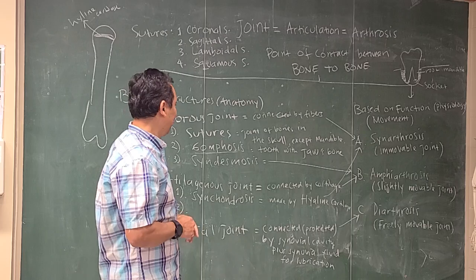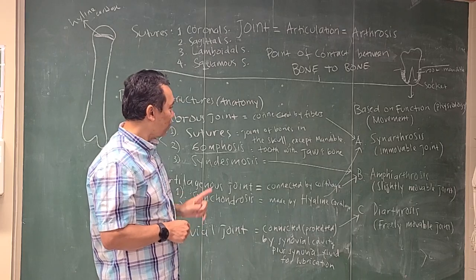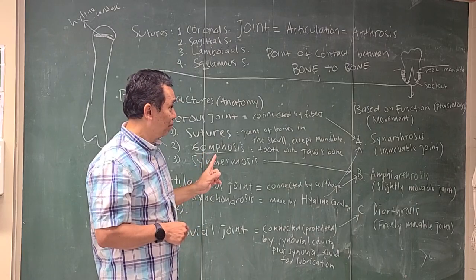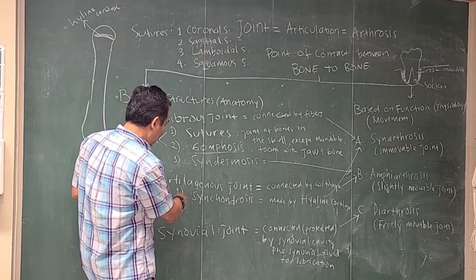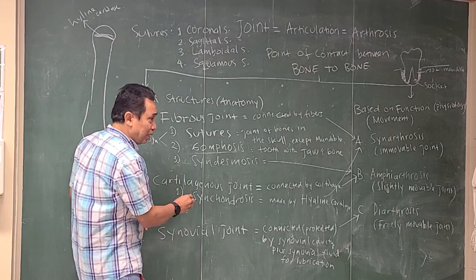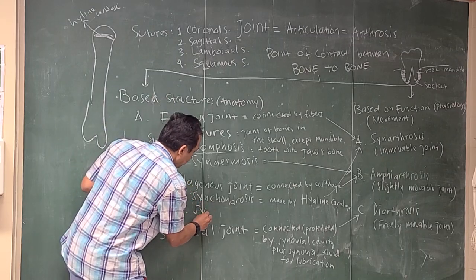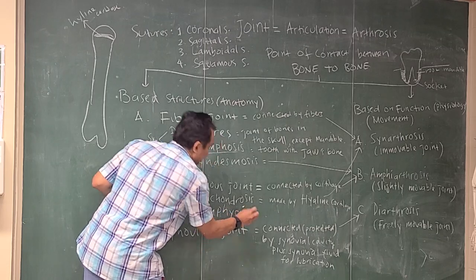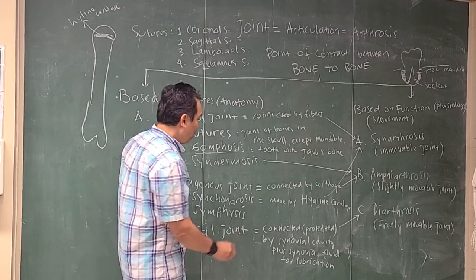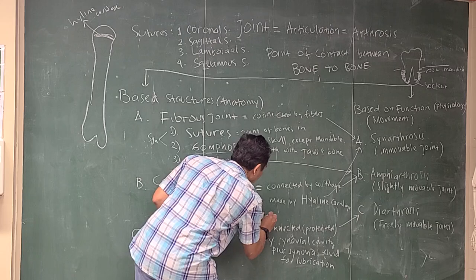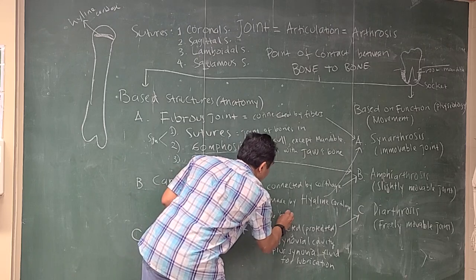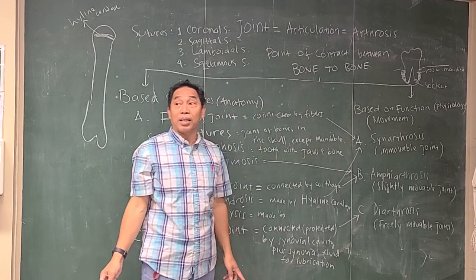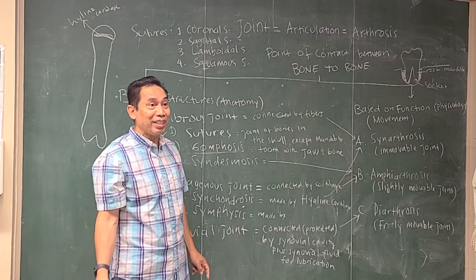Do you have questions? The second type of cartilaginous joint is called the symphysis. Here the connection is made by the strongest cartilage. What is the name of the strongest cartilage?